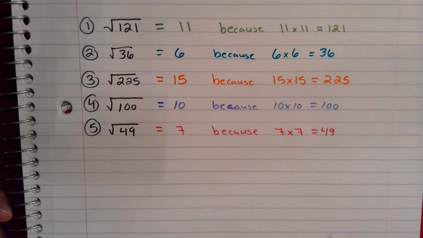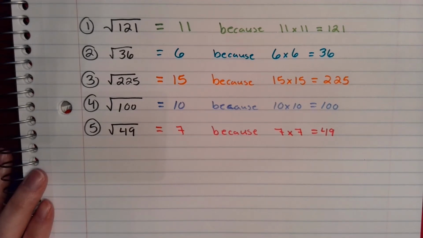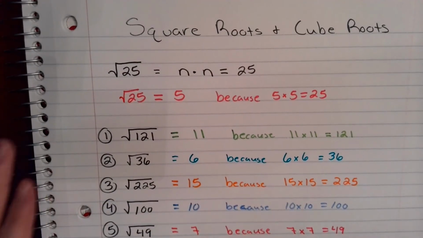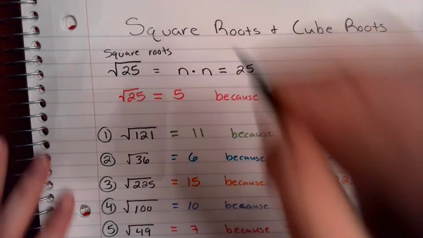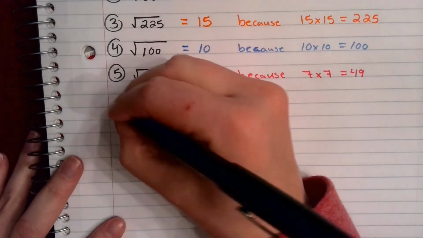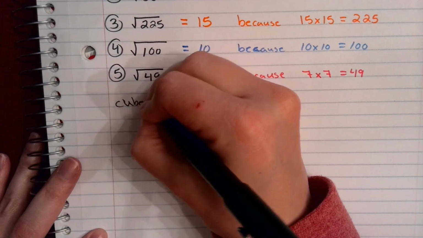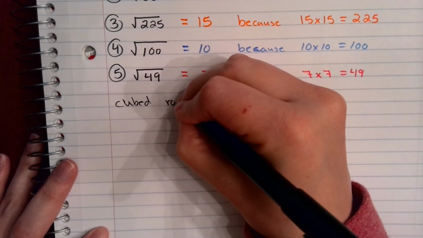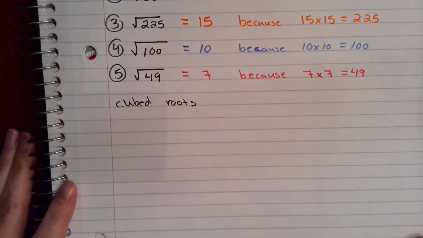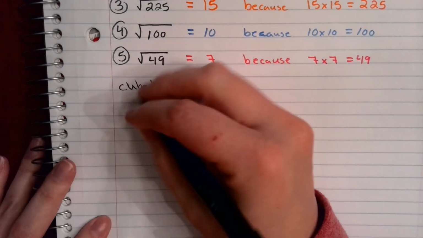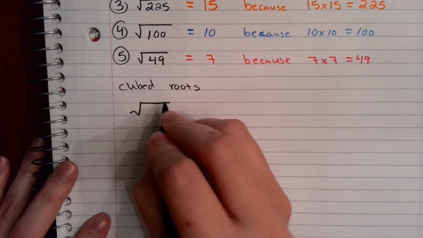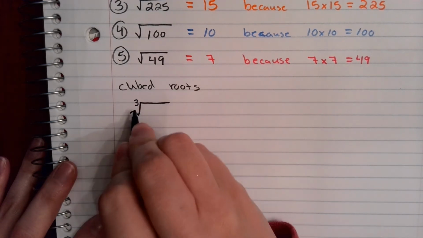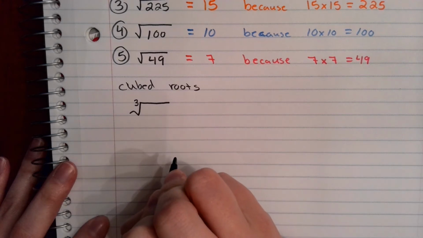Perfect squares. Okay, now we also have cube roots, which is the same idea. So this up here, this was square roots. Now we're going to talk about cube roots real quick. So for cubed roots, same kind of idea, has that square root symbol, but instead of just the square root, you've got a little 3 in the corner, in that little nook there.